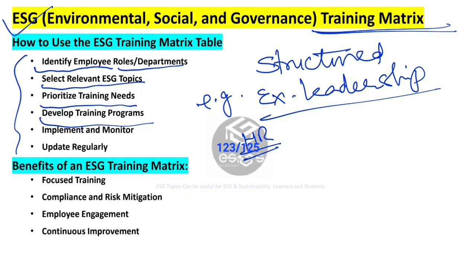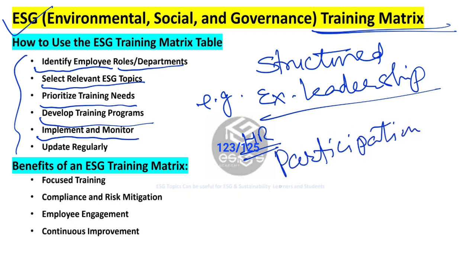Then develop the training programs. We develop tailored training programs and materials for each category of training identified in the matrix. Also implement and monitor: implement the training programs and monitor the participation and also effectiveness to ensure alignment with organizational ESG goals.